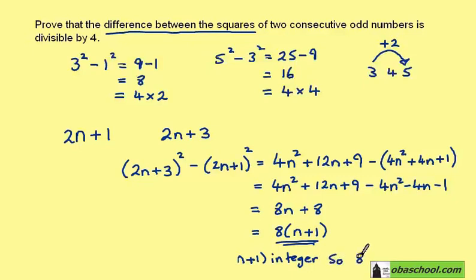It follows that 8 times (n plus 1) is divisible by 4. Further, it's actually divisible by 8. So we've shown that the difference between the squares of two consecutive odd numbers is divisible by 8. But being divisible by 8 also means it's divisible by 4.